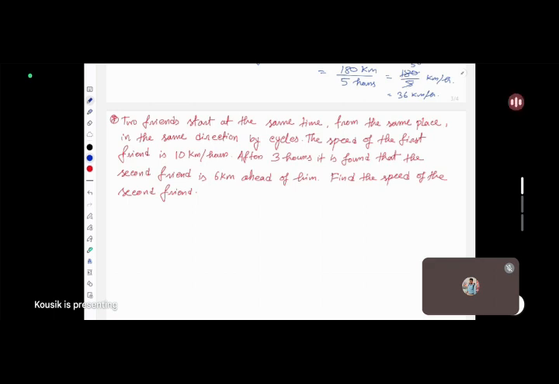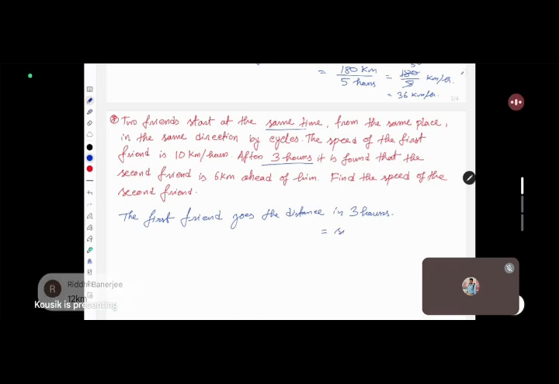So at first we find that after 3 hours he covered the distance, the first friend. Same place, same direction, start at the same time. In 3 hours he goes how much distance?